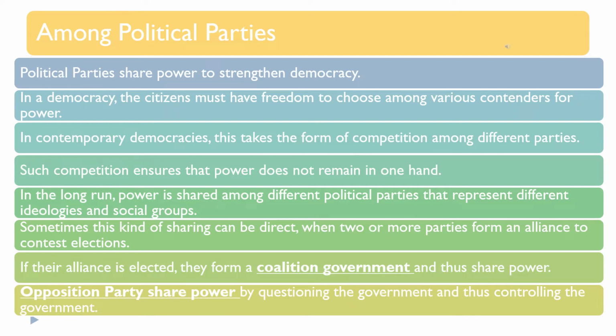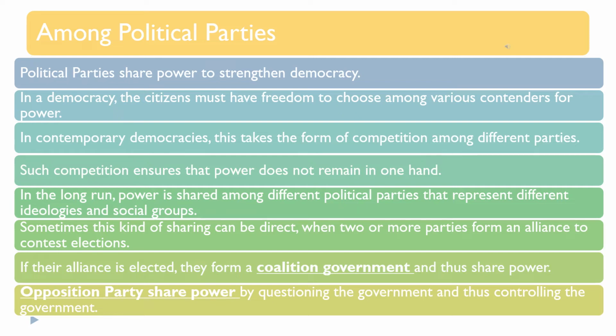Different political parties form an alliance, meaning they come together and contest elections, and they form a coalition government. And in a coalition government, different political parties have different viewpoints and different ideologies, and they would represent different social groups as well.